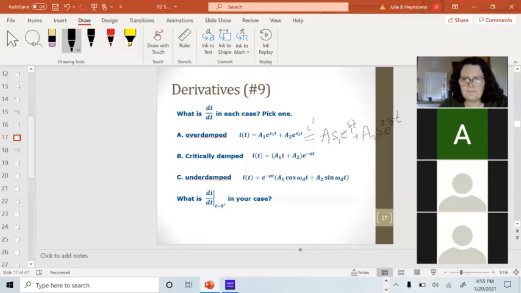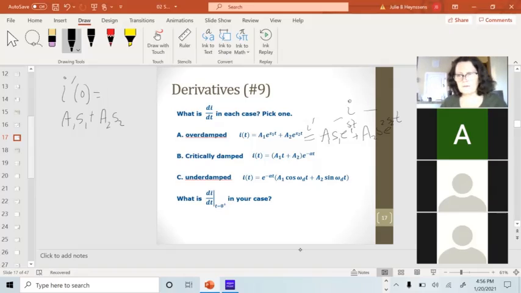Okay, where am I going with this? If I evaluate the I prime equation, I want to evaluate I prime at 0. So this is I prime right here. If I evaluate I prime at 0, I get A1 S1 plus A2 S2.